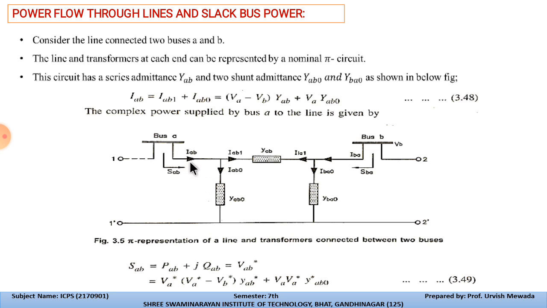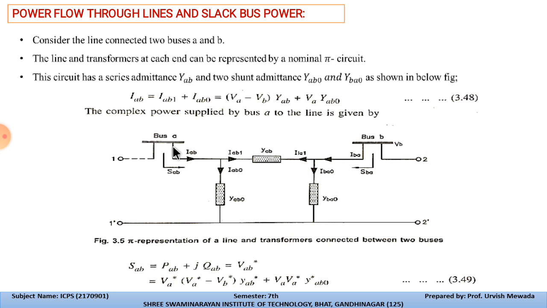This is the current IAB, A to B, and this is IBA, B to A. Here the admittance across A and B is YAB, and the shunt admittances are YAB0 and YBA0, with the respective currents IAB0 and IBA0.